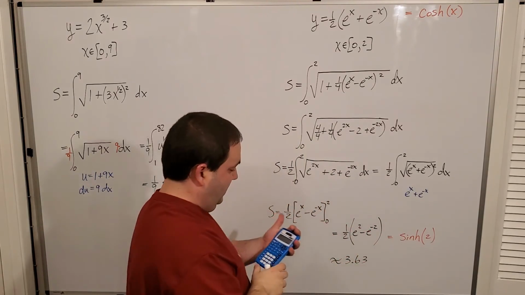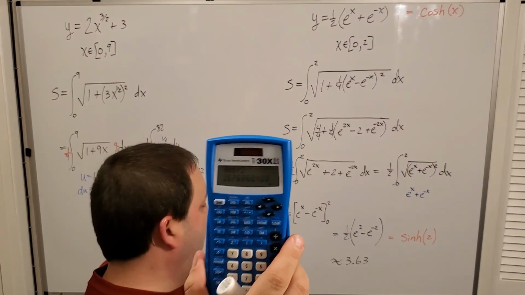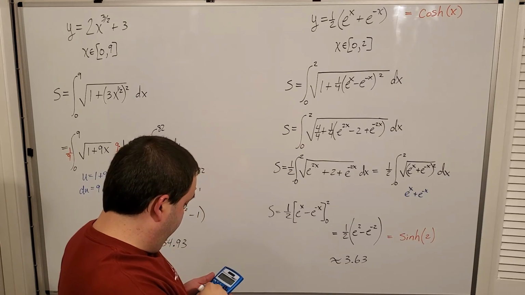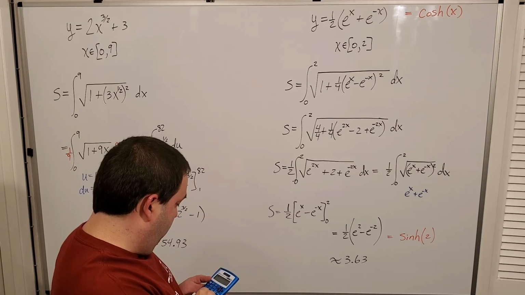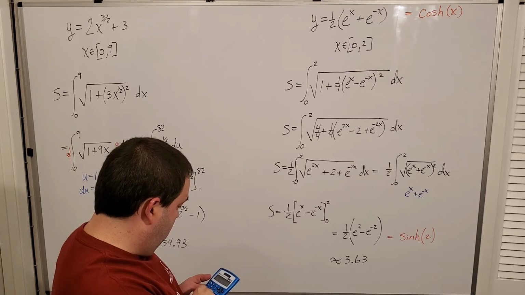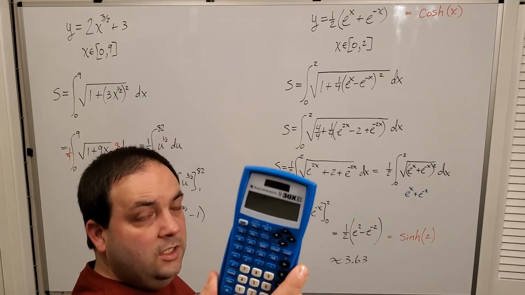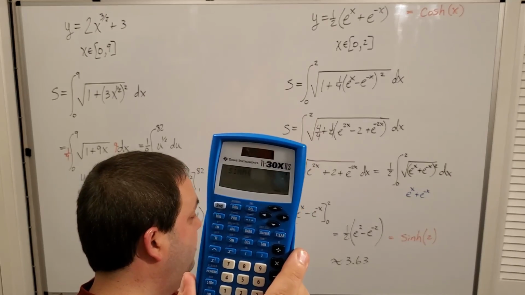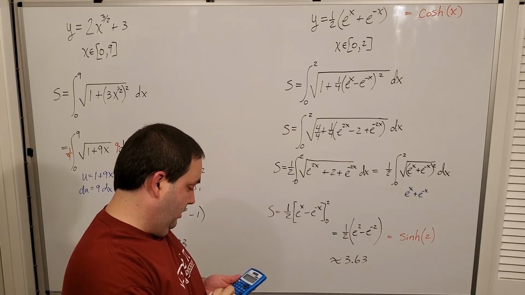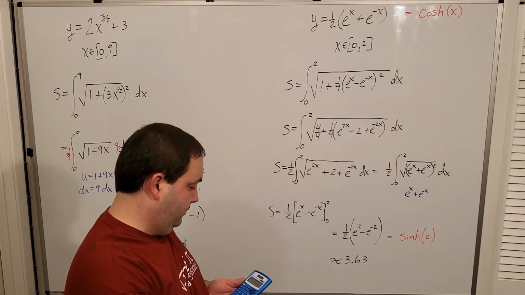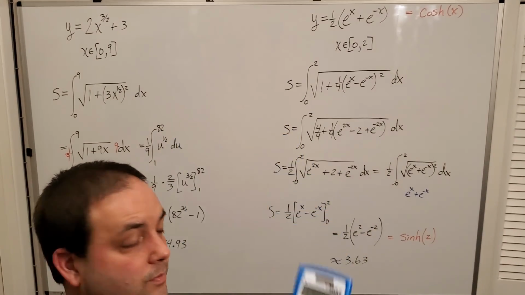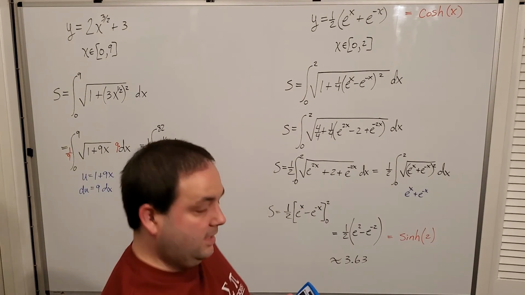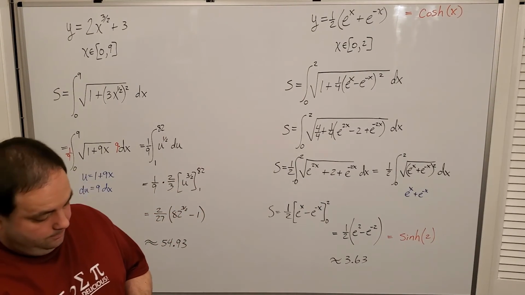That's what I was getting from that calculation. But also, if you hit hyp and sin, you'll see it'll give you the sinh function. Let's see what happens when I plug in 2. The hyperbolic sine of 2 is the 3.63 value that we were getting.